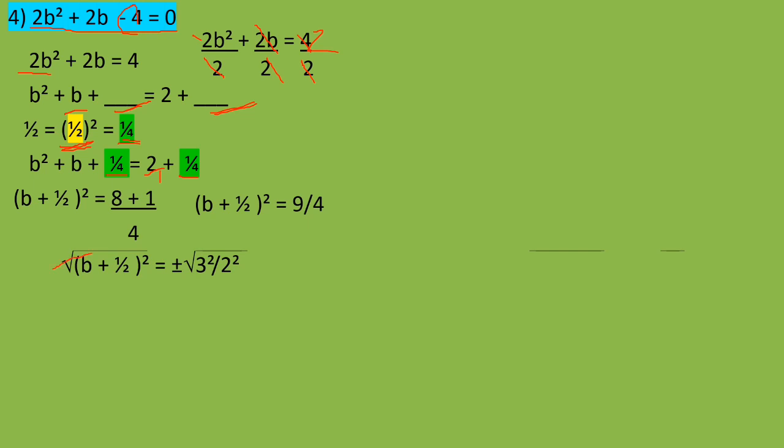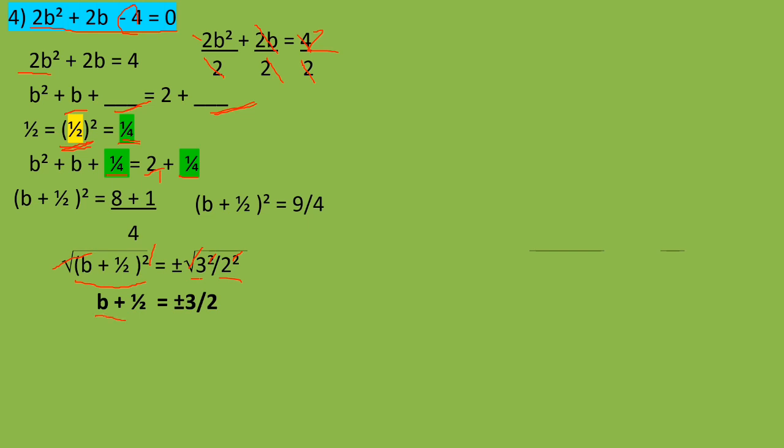Tanggal na si radical sign, and then yung exponent na 2, exponent na 2. So, ang natira, kukopyahin natin. So, b plus 1 half and plus minus 3 over 2. So, meron na tayong b plus 1 half is equal to plus minus 3 all over 2.